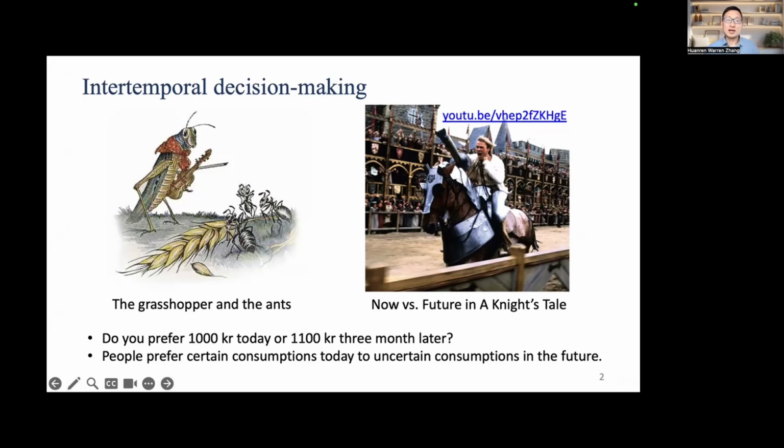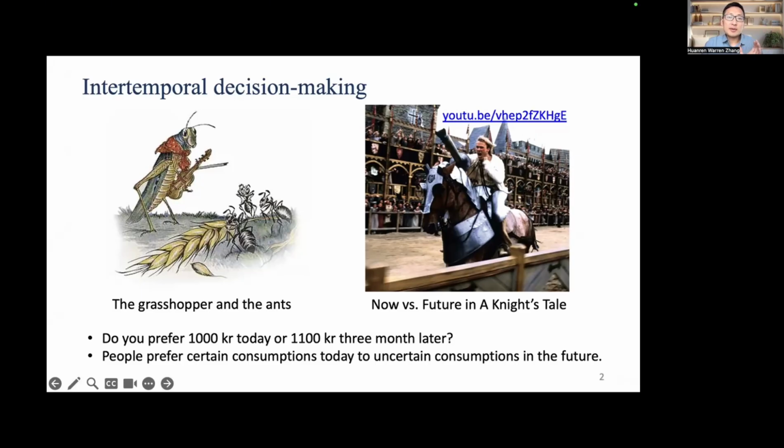But the main character says that if we invest this money today so that we can purchase better gear, we will win a lot more awards in the future. So that is again the trade-off between a smaller consumption today versus a bigger consumption tomorrow. So whether you're patient enough to wait for a bigger award.